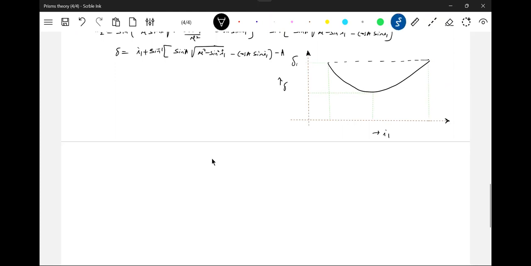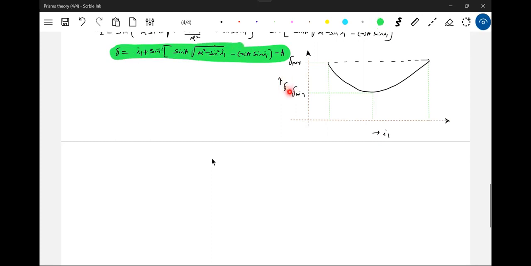So this will be the maximum deviation, minimum deviation, and the deviation as a function of angle of incidence according to this particular equation. We have plotted deviation as a function of angle of incidence. On the y-axis, deviation; on the x-axis, the angle of incidence. Then how will the curve be? The curve will take shape like this.